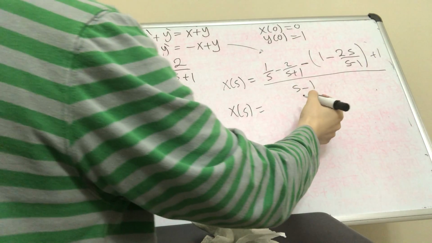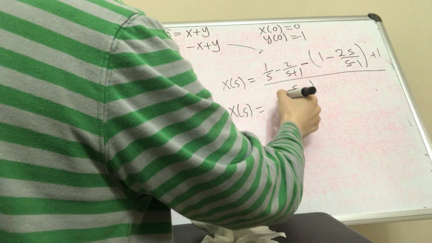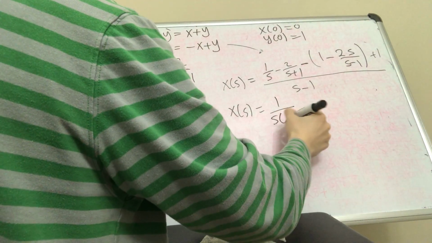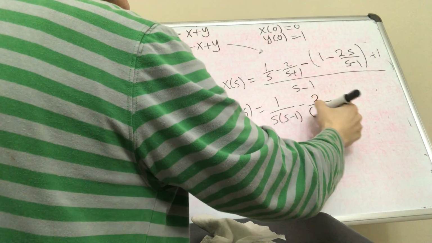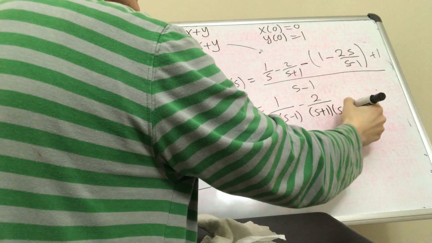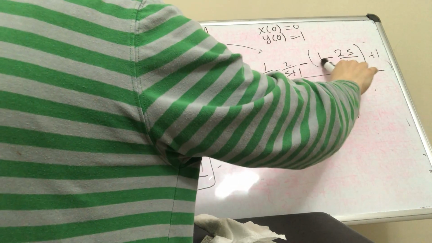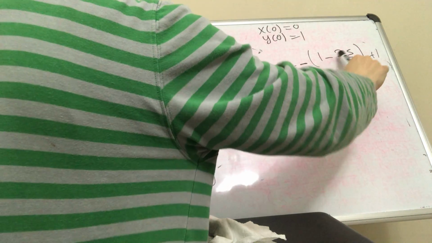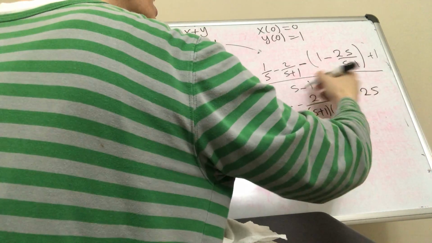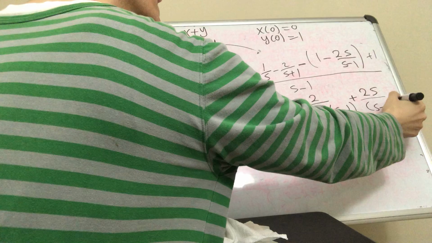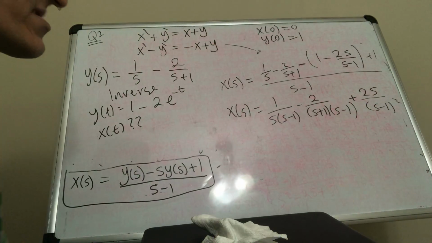So this one becomes s minus 1. This one becomes s plus 1, s minus 1. Minus 1 and minus, they cancel each other. And the last one becomes 2s, s minus 1, and s minus 1 squared.